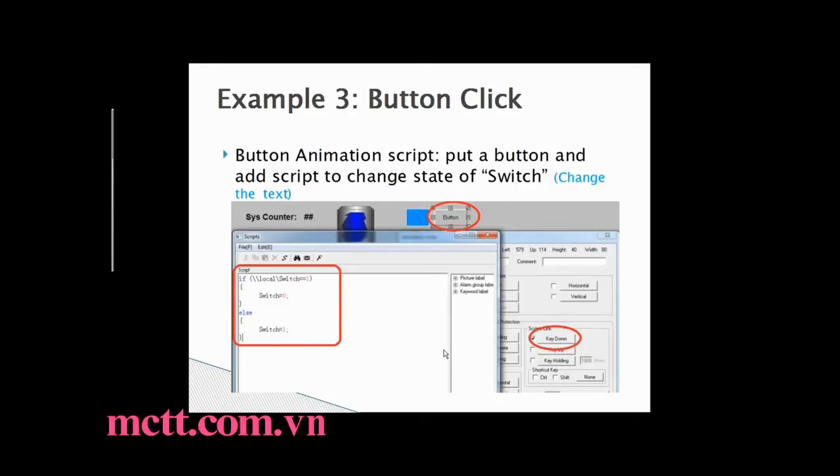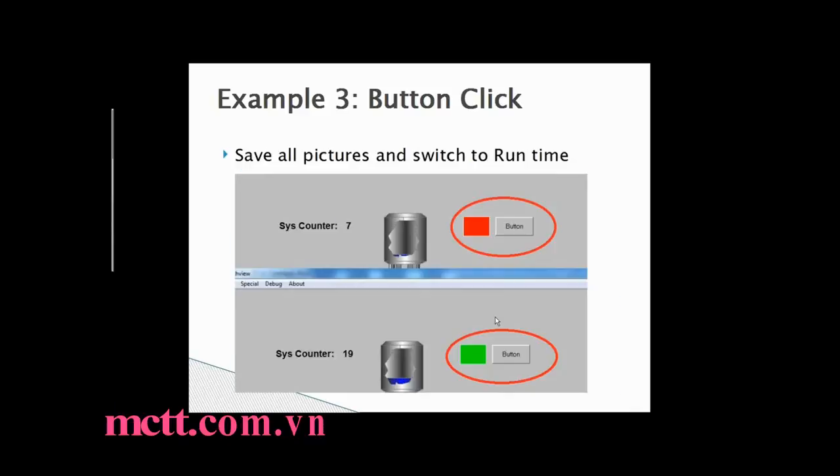Basically when the button is pushed, you want to change the switch state from 0 to 1. Okay, and basically it's done with when key down. Finally, to do this, you would save all pictures and switch to runtime.